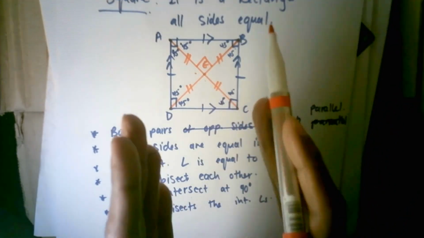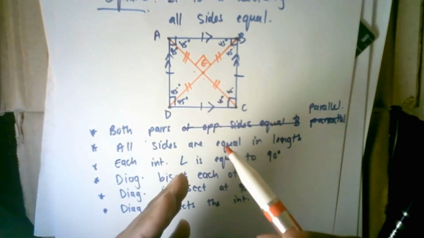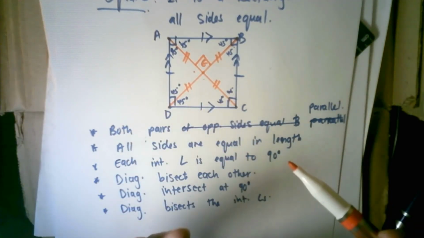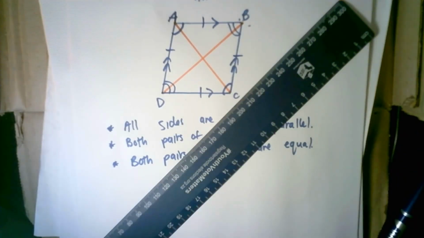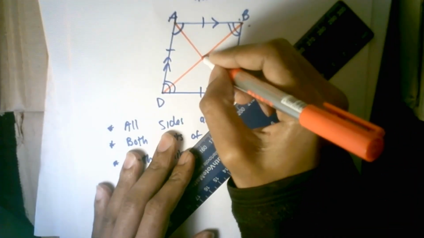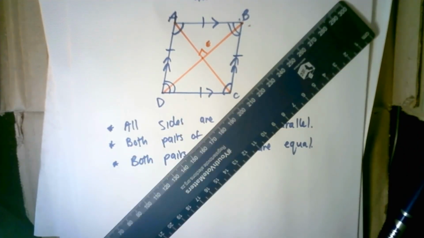If I tilt it exactly the same, the angle that's formed when the diagonals intersect each other will still be 90 degrees. And I think that's absolutely fascinating as well. So let's say they intersect at point E, the angle is still 90 degrees, right?